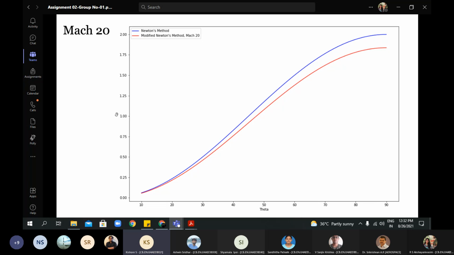But when theta is increasing, you could see there is a considerable variation in Cp for the modified Newton's approach compared to Newton's approach. So this modified Newton's approach is giving a proper assumption. That's okay. So it's slightly better than the other.